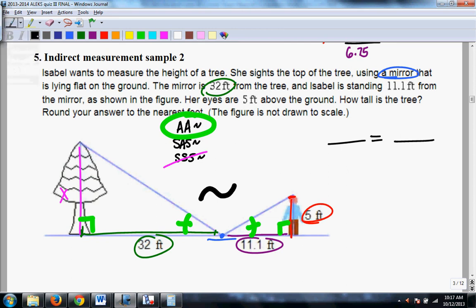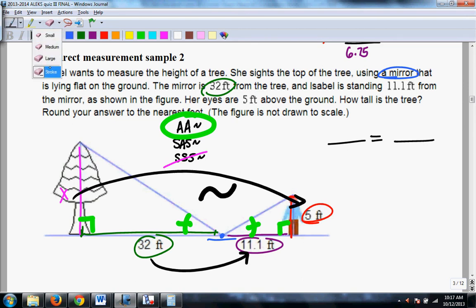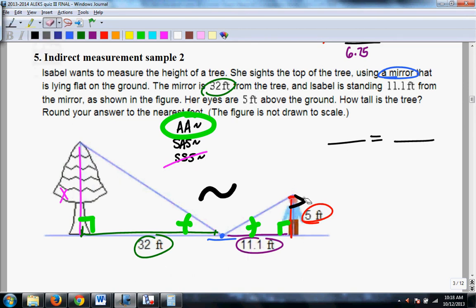What proportion am I going to use? Well, once again, consistency is the name of the game. I can go left to right: 32 over 11.1 equals x over 5. Left to right, left to right. Or I could do this, top to bottom: x over 32 equals top to bottom 5 over 11.1.